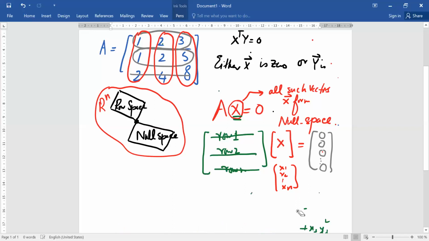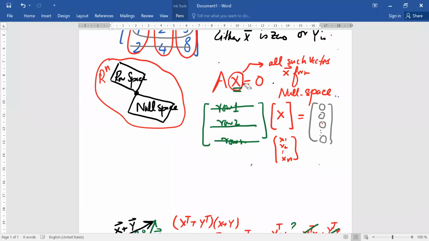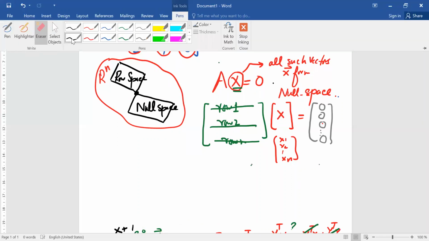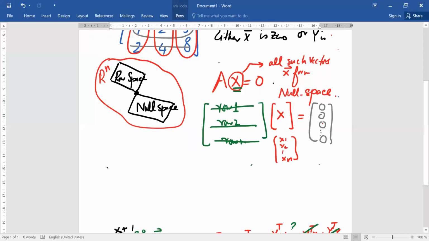The first 0 is formed because row 1 is multiplied with X. We take the transpose of row 1 with X. Keep in mind this is not just the row, this is the row vector.